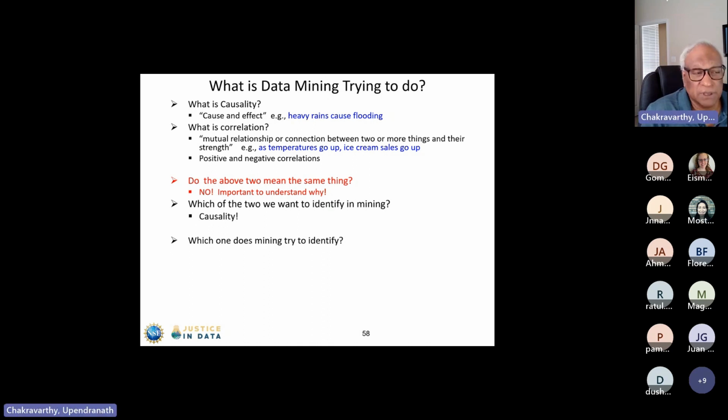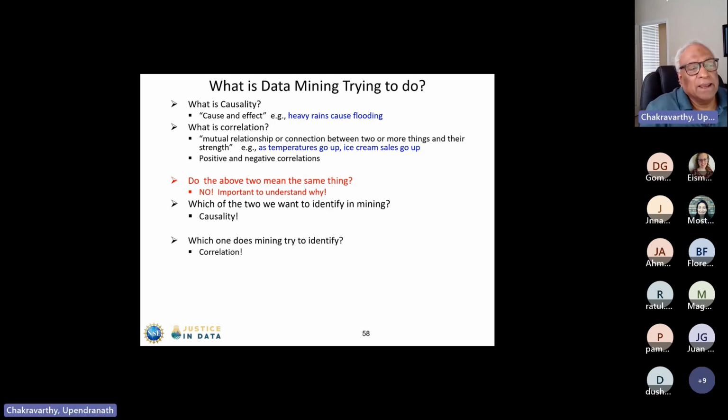We just don't know still. So what do we do? We try to identify correlation and hope that correlation means there is some causality, and that is where the domain expertise comes into the picture.